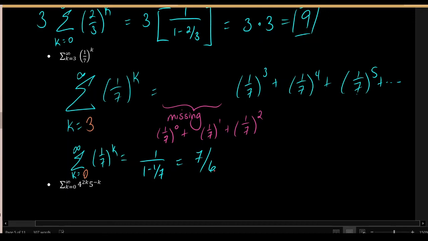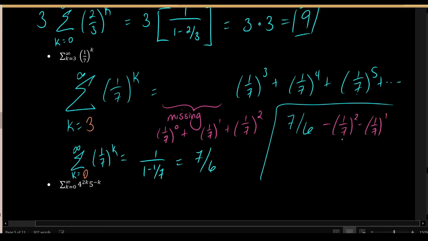What we can do to find the value of the series starting at 3 is to take this 7/6 and subtract the 3 terms that are missing. Once we subtract the 3 terms that are missing from our series, then we'll get the value of our series.